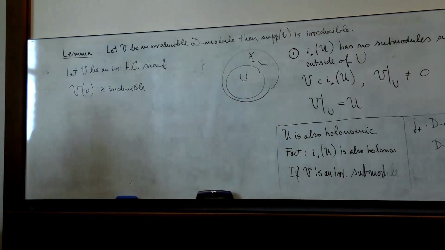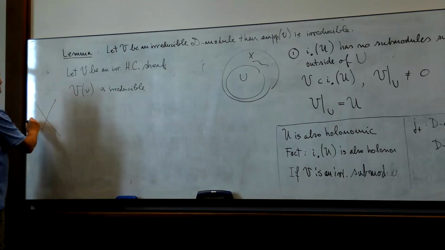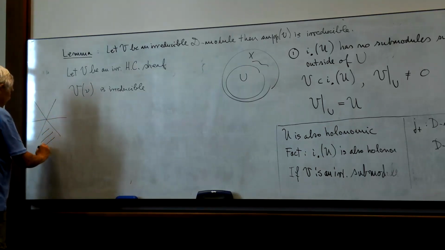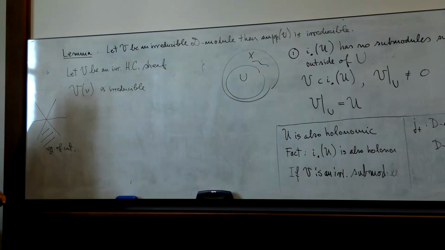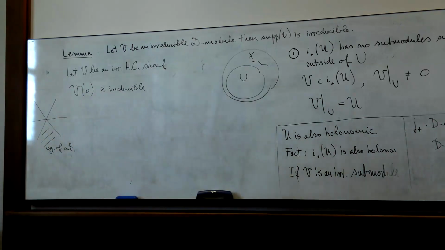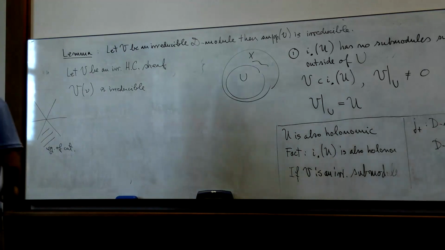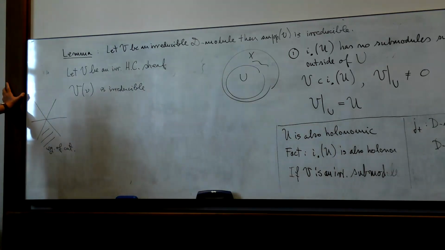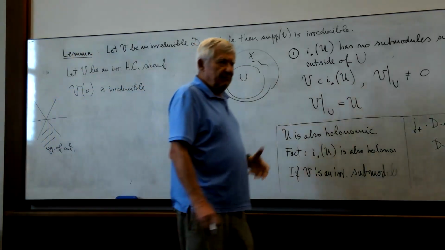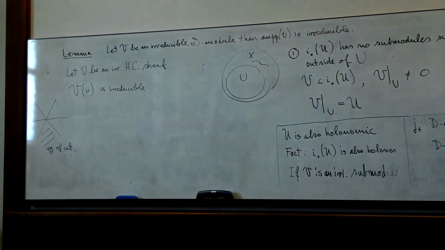So we can always assume that we are inside the chamber where we have equivalence of categories, the Beilinson-Bernstein chamber. And there, if I have an irreducible Harish-Chandra sheaf, the global sections are an irreducible Harish-Chandra module, but since K is connected, being irreducible means being irreducible as a module over the enveloping algebra.